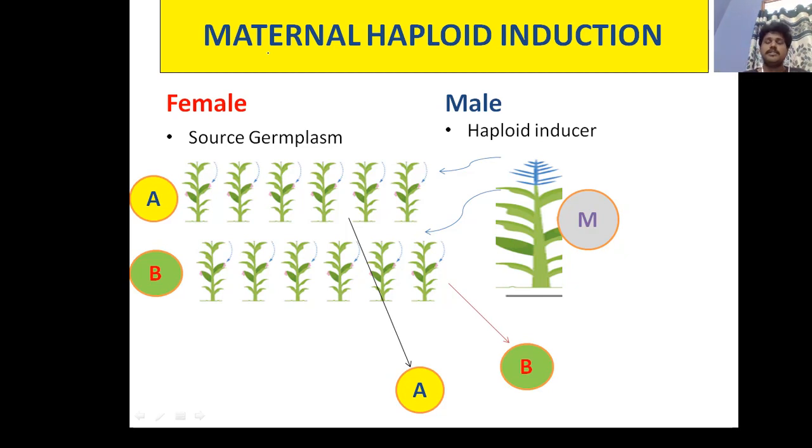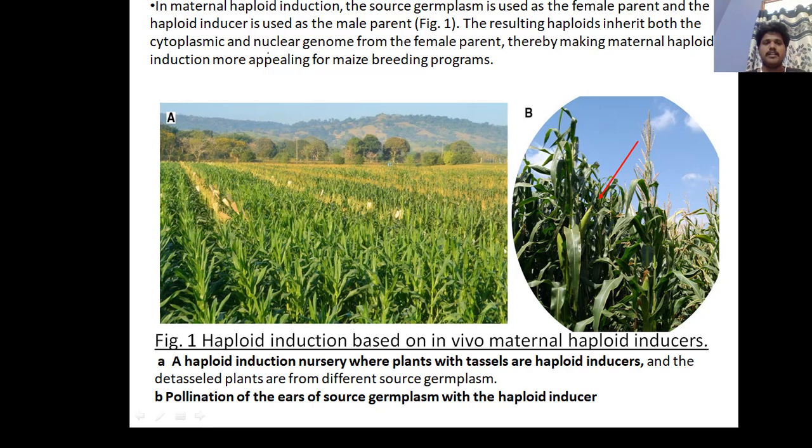This is the most important advantage, and why people got attracted towards maternal haploid induction. The resulting haploids inherit both the cytoplasm and nuclear genome from the female parent, thereby making them more appealing for maize breeding programs.